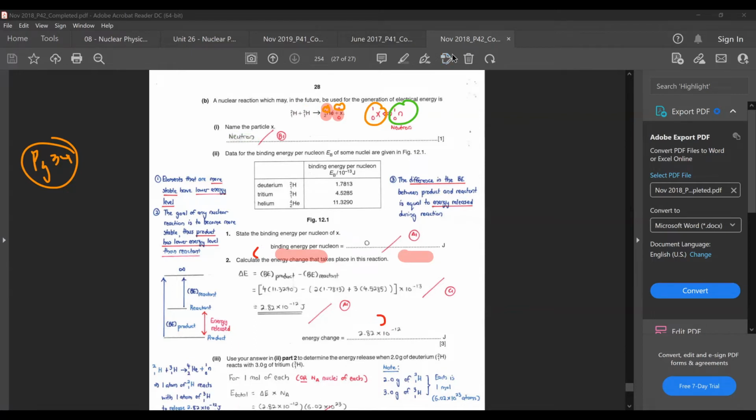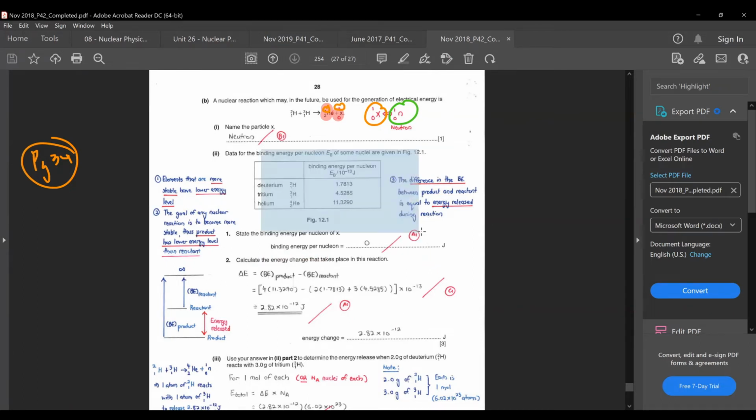Then the next thing we want to talk about is this. Data for binding energy per nucleon of some nuclei are given here. Find out the binding energy per nucleon of X, which you just did here. Neutron is already a nucleon itself, just like I explained to you.